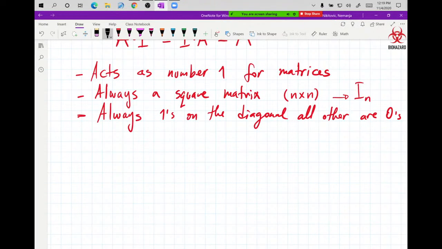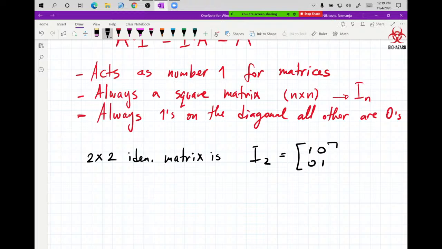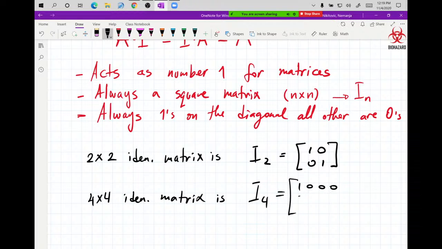So the 2 by 2 identity matrix, I2, is 1 0 0 1. The 4 by 4 identity matrix, I4, is 1000, 0100, 0010, 0001.